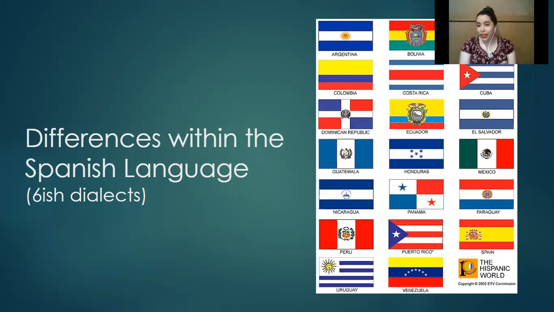We know even in the US, the English that we speak varies a little bit, whether you're in Louisiana or Texas, or here in Iowa, or each of the coasts have their own kind of dialects and different slang and everything. So these aren't exact or precise, but should give us a general idea of the main differences of Spanish around the world.